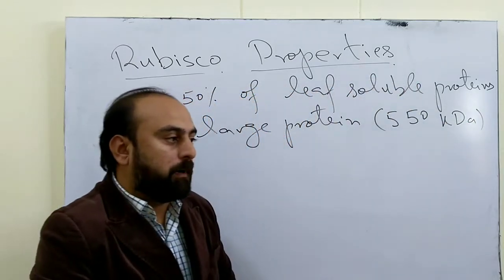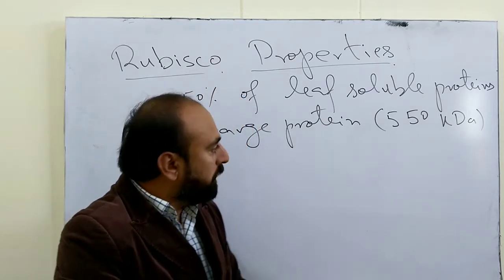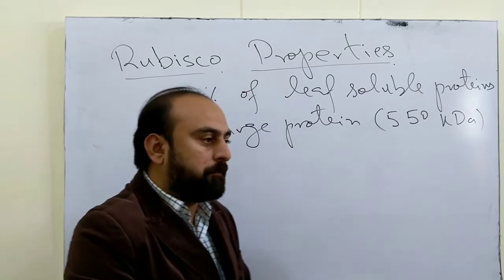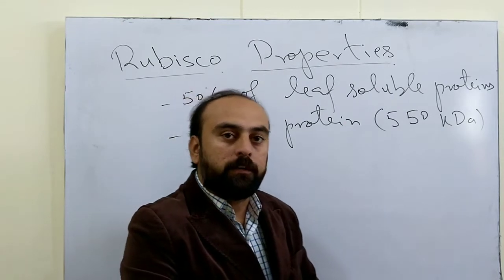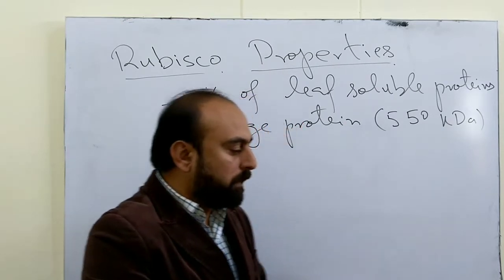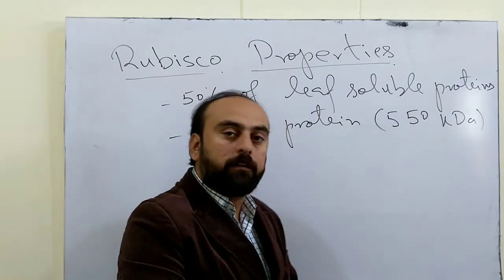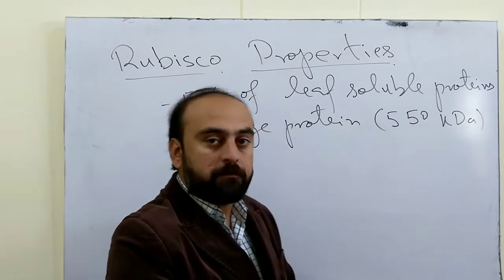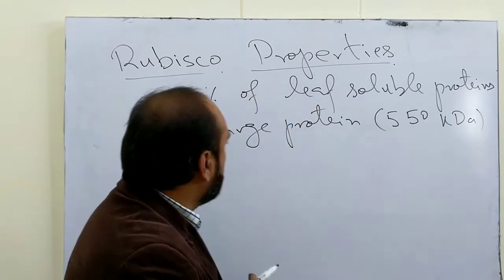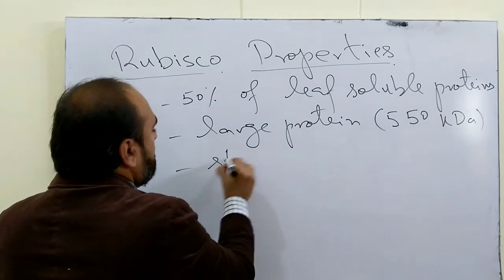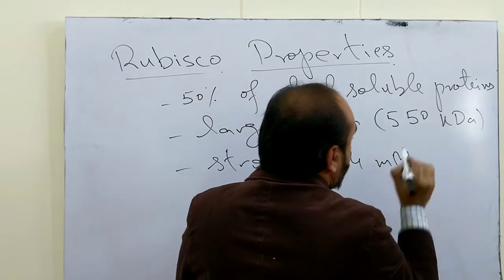It consists of 8 large subunits and 8 small subunits. Large subunits have a size of 50 to 55 kilodalton and small subunits 13 to 18 kilodalton. The genes of large subunits are encoded in the chloroplast, whereas those of small subunits are in the nucleus. In the stroma, its concentration is about 4 millimolar.